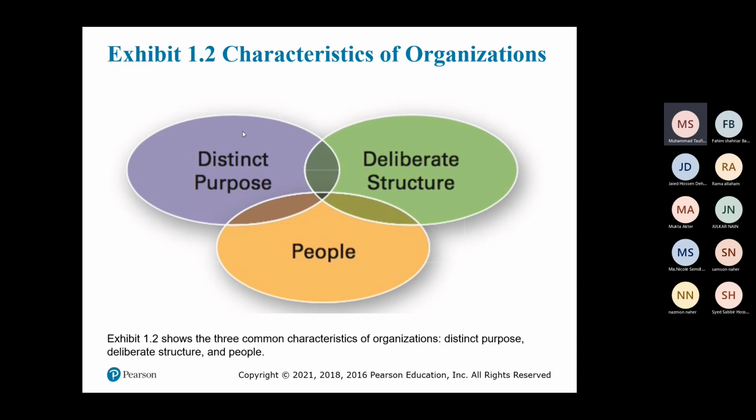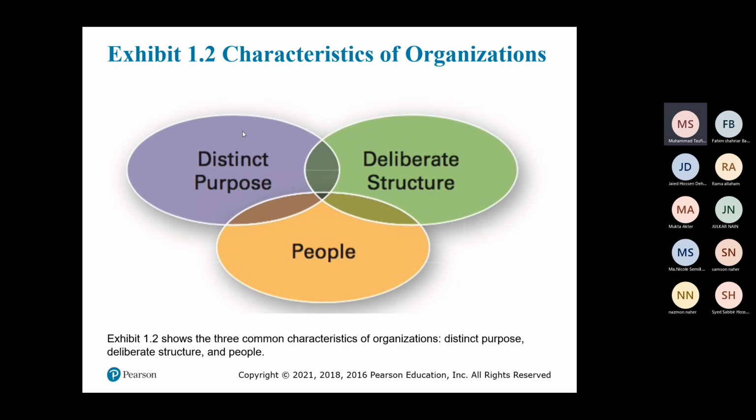When you create a structure, automatically you will assign roles, and the manager position will appear, because somebody must do the work, somebody must monitor the work. If you don't have a structure, then it will not become an organization. That is how the management position is created in the organization.